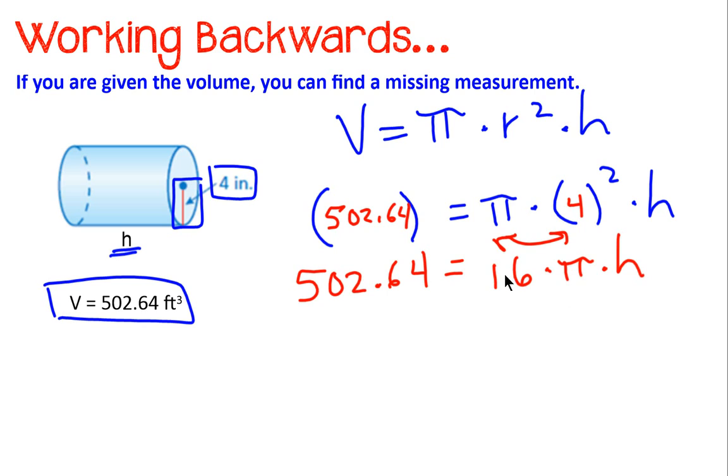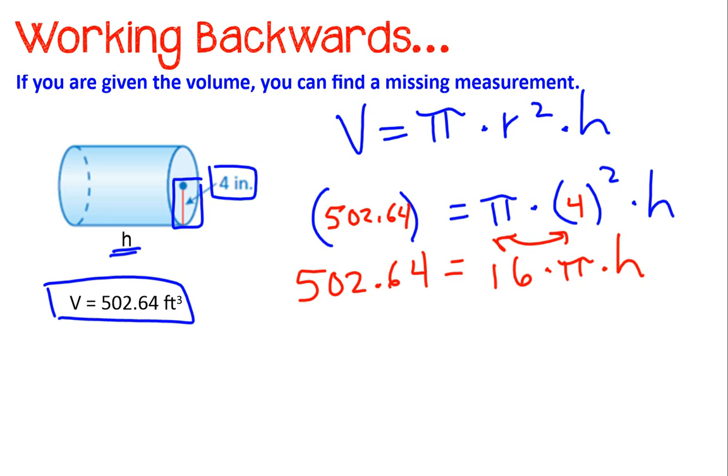Now, I didn't multiply by pi yet, and I did that for a reason. Pi is an irrational number, so if I multiply by pi now and then I try and write it down, I eventually have to stop the number, right? There's only so much room. I can't go writing forever and ever and ever. So I'm not going to multiply by pi yet to keep my answer really accurate.